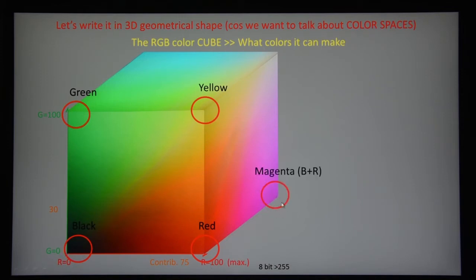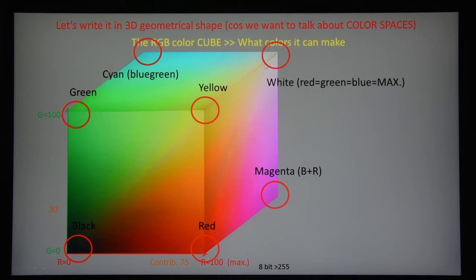Magenta is where there's blue and red approximately or exactly equal, and no green, so it's anti-green. And you have cyan, which is blue-green, and you have white, where red and green and blue are maximum. You get the whitest, the brightest and whitest possible color, white.